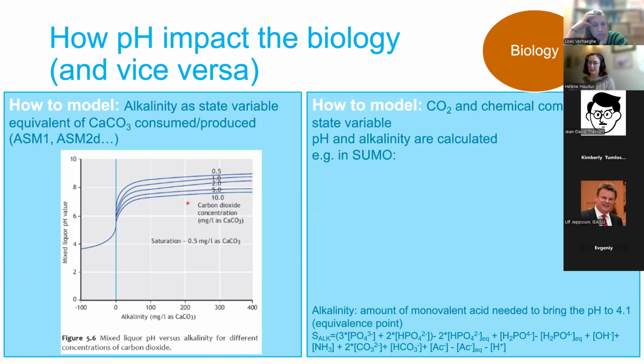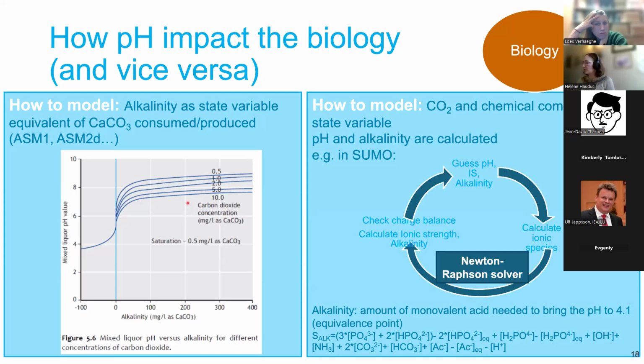So the pH is actually solved at each time step, as Kimberly already mentioned, and the alkalinity is recalculated based on the speciation. So this is the principle of how the pH is solved in SUMO.